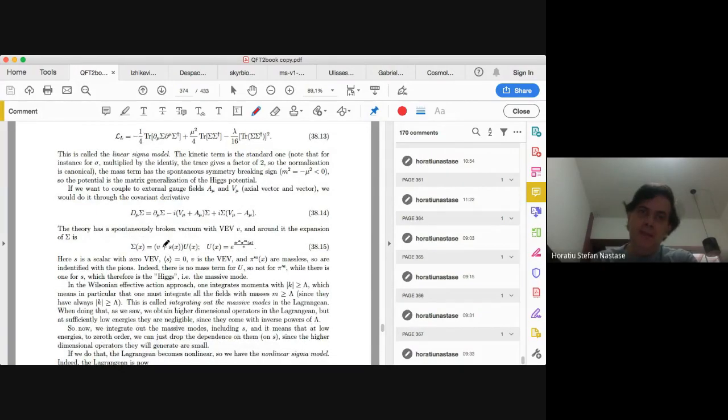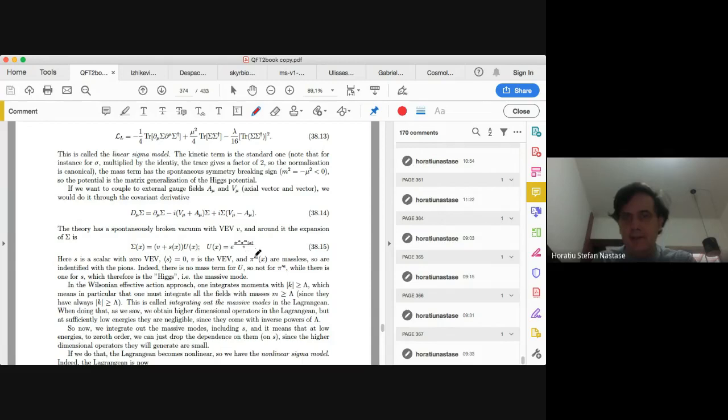So that means that I write V plus S of X times, so the other perturbations, I write them in the form that is invariant under SU2 vector.